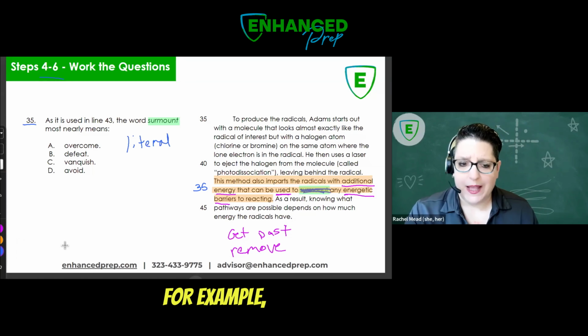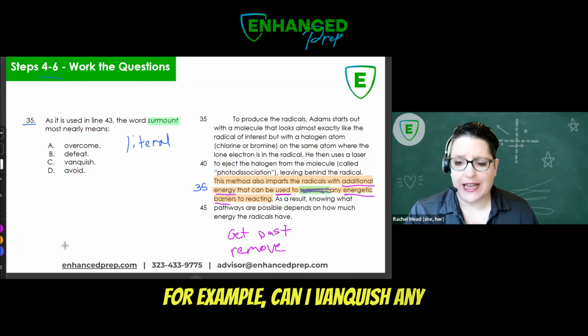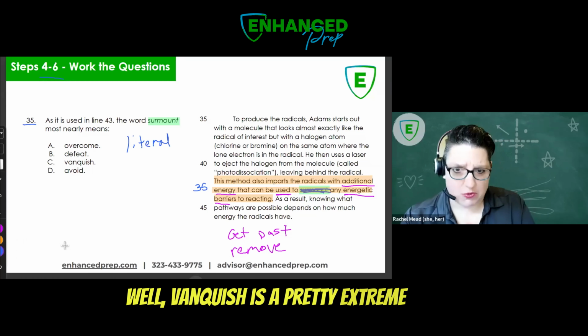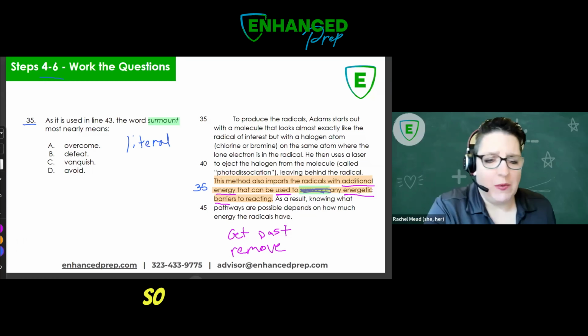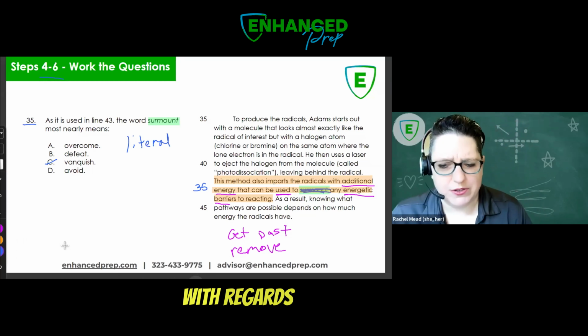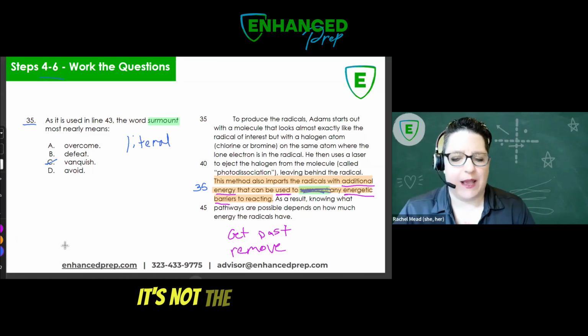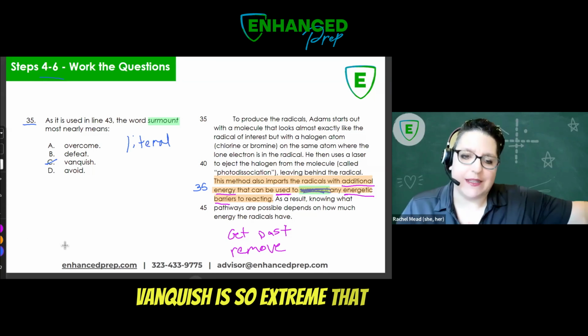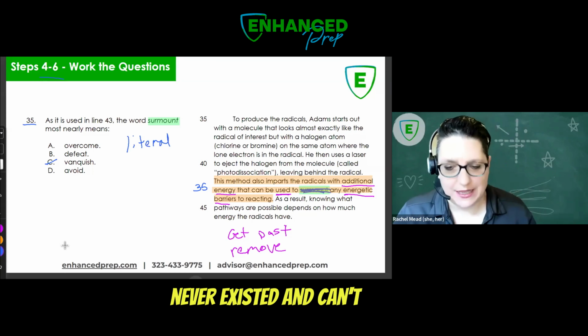For example, can I vanquish any energetic barrier to reacting? Well, vanquish is a pretty extreme word, right? So I want to go ahead and get rid of that, because that's not staying literal with regards to a barrier. It's not the same as to get past or to remove. Vanquish is so extreme that it's like it never existed and can't again.